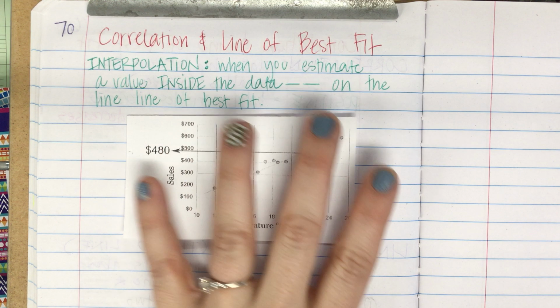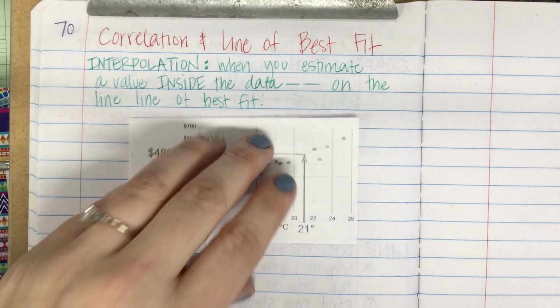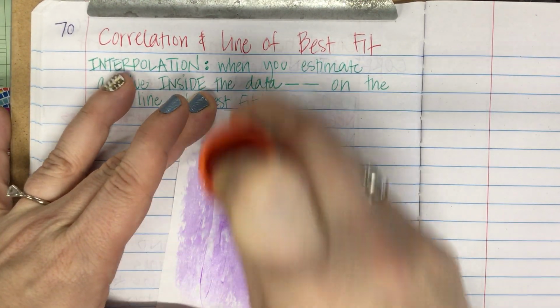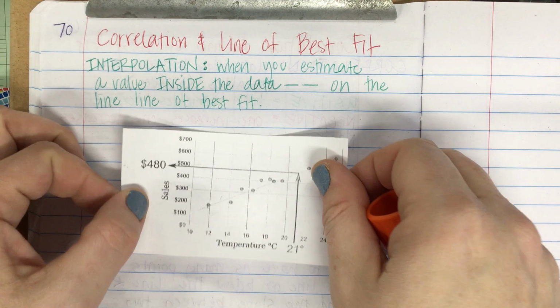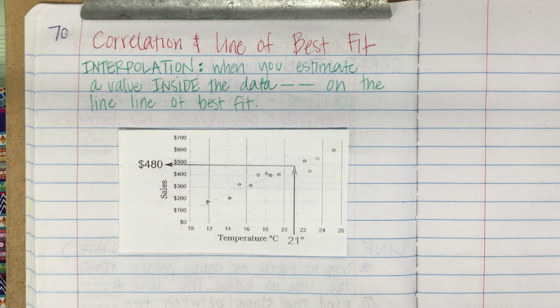This is interpolation. Inter meaning inside the data that I've collected. It fits between the minimum and the maximum. So let me leave a little line and I'll put that in there.